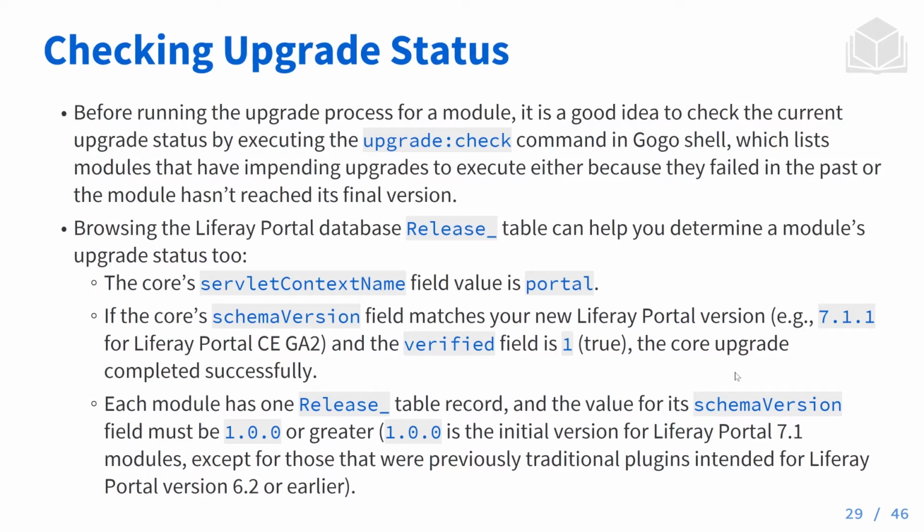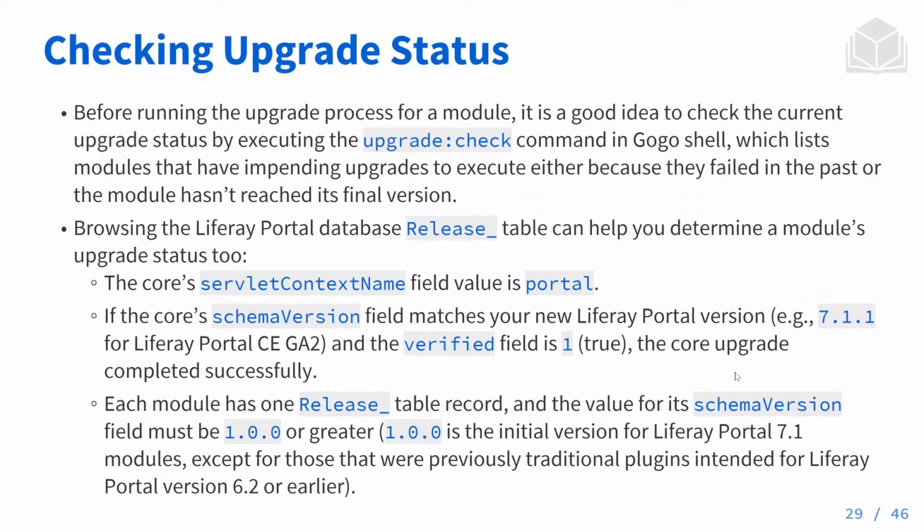You're going to want to type upgrade:check inside of the GoGo shell. It'll give you a list of what's been going on with all of these different modules. Has anything failed? Have we tried to upgrade but something just didn't work? Maybe you thought the upgrade process was successful, but the version number that you're looking at indicates that it's not. So you're going to want to use that check just to know the landscape that you're in as you go through the module upgrade process.